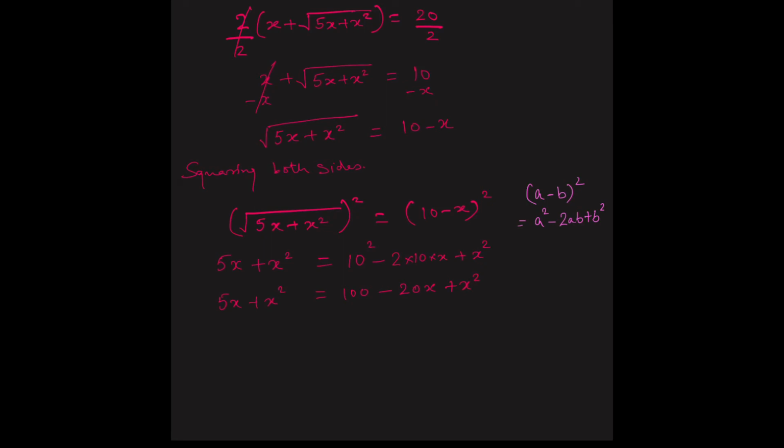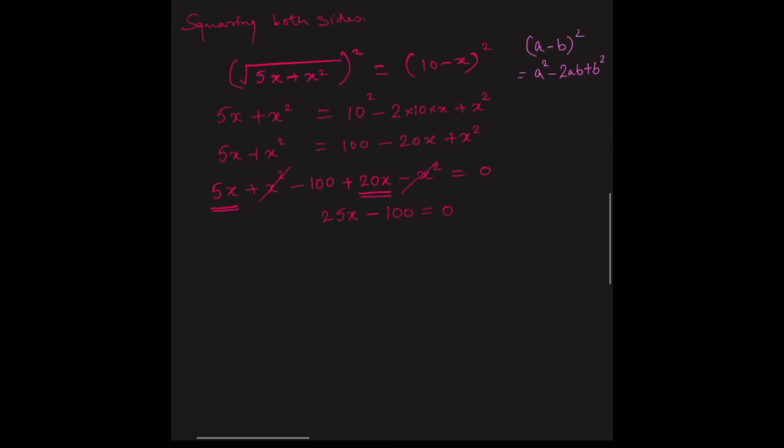All right, now let's move everything to the left hand side. So we have 5x plus x squared minus 100 plus 20x minus x squared, and because we have moved everything, we are left with 0. The x squared will cancel x squared, and 5x plus 20x becomes 25x minus 100 is equal to 0.